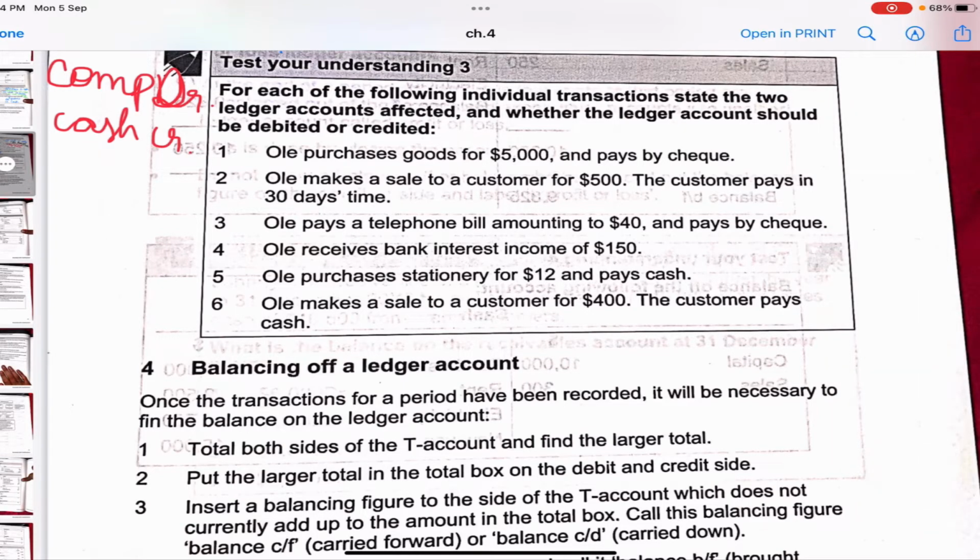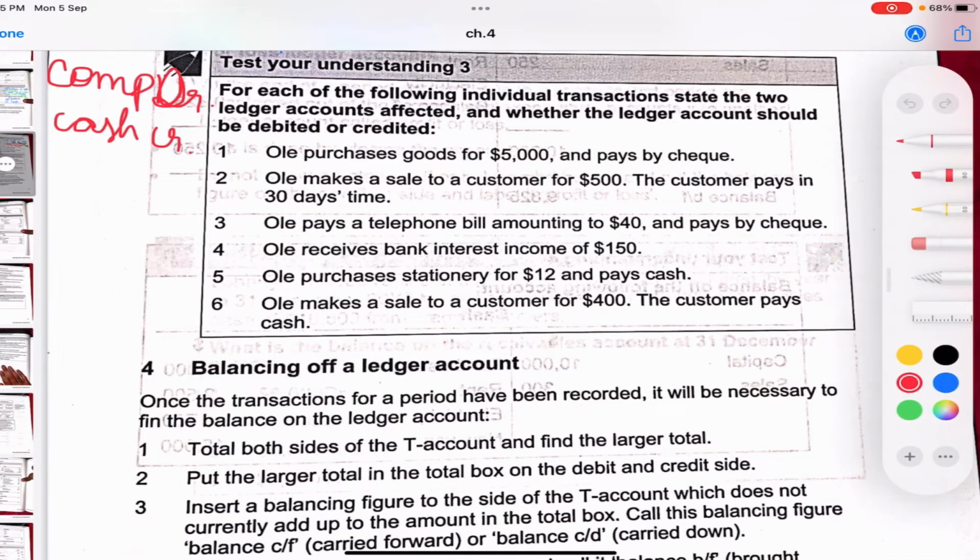Ole purchases goods for 5,000 and pays by check. So cash goes out. Purchases account debit. And what is credit? Cash account.